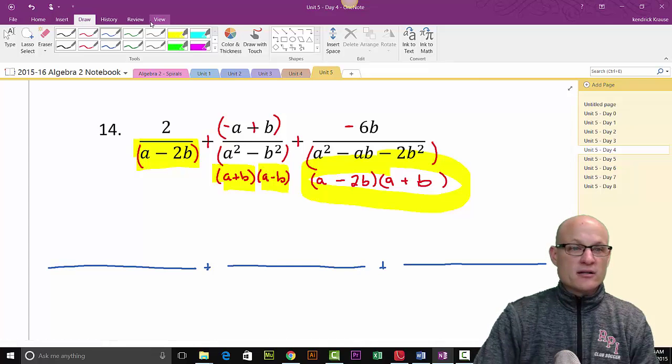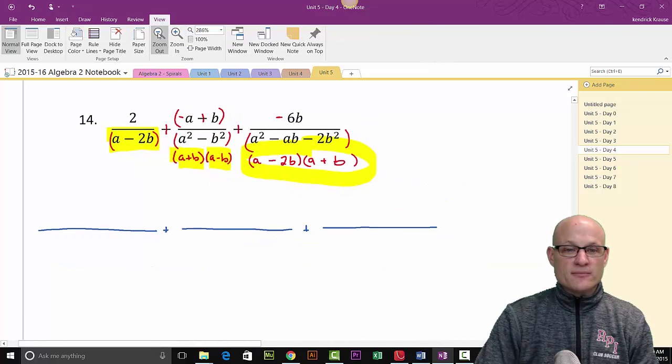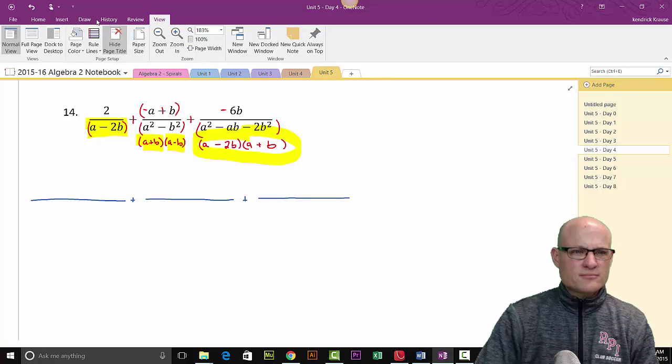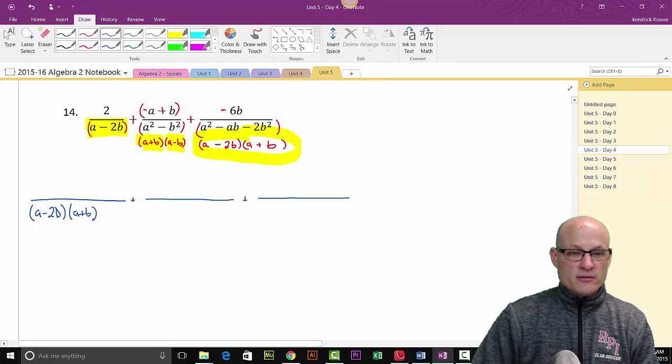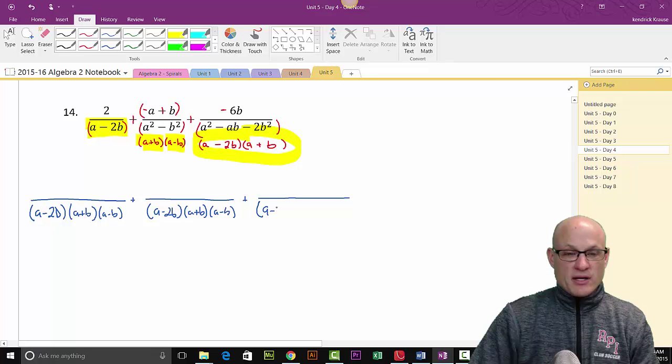And let me get it so you can actually see away from my head. So my common denominator is a minus 2b, a plus b, a minus b. Each of the terms is missing some of these.